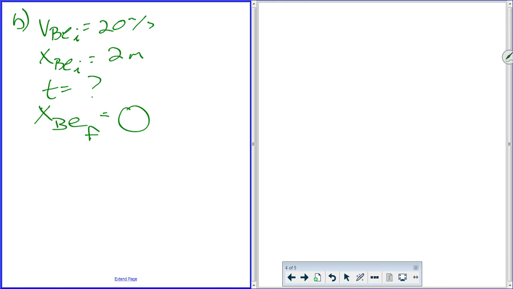Follow? All right. Now, we don't have very many equations that have position in them. Usually we have change in position, right? So really what this is telling me is that I want the change in position of the ball relative to the elevator to be negative 2 meters, right? Because we want to go from a position of positive 2 down to the floor, which is 0. Cool? And then you know your acceleration is negative 9.8 meters a second squared.